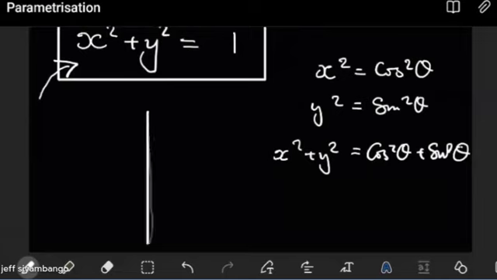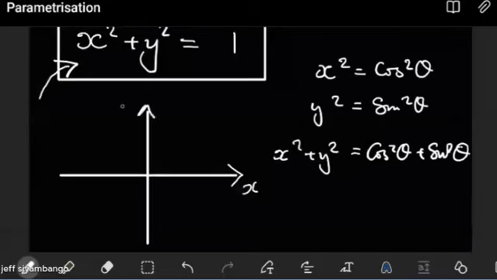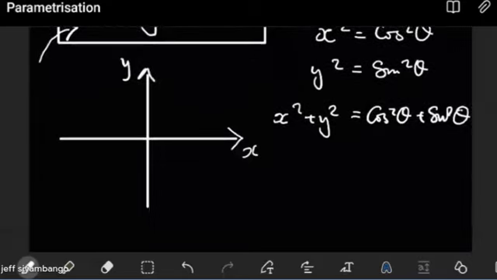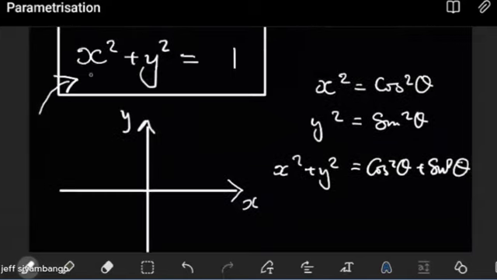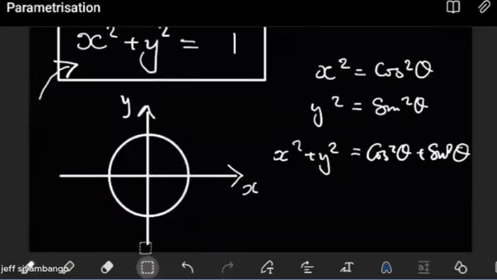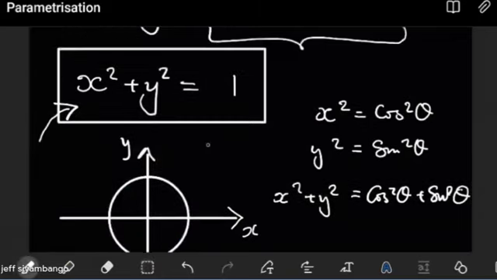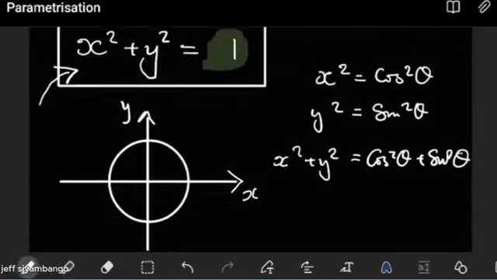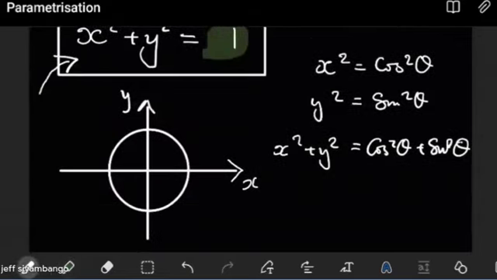So you have the y-axis and the x-axis. Since this is an equation of a circle, notice that this circle is centered at the origin. So our circle is centered at the origin, something like this. And based on what we have on the right side, we can conclude that the radius of the circle is 1.